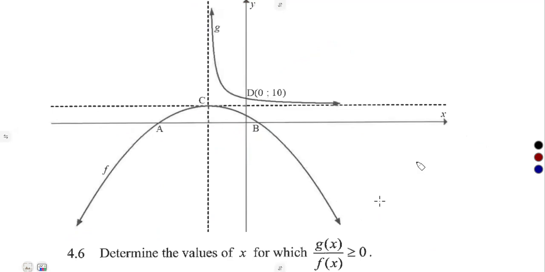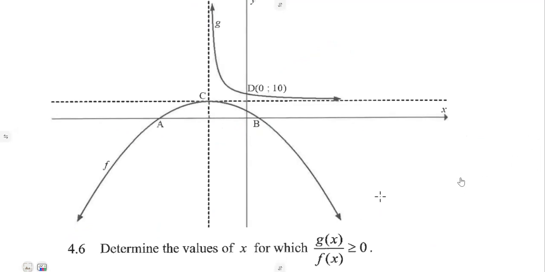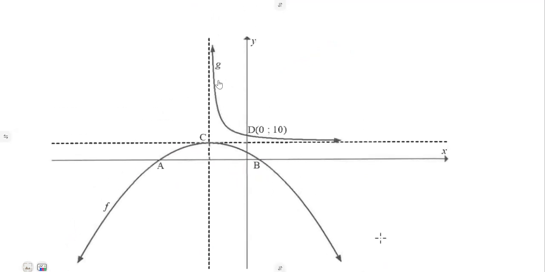So here I'm just going to take the important part, the diagram and the question. Determine the values of x for which g of x over f of x is greater than or equal to 0. All right, this time we have f of x, a parabola, and we had g of x, which was a hyperbola.